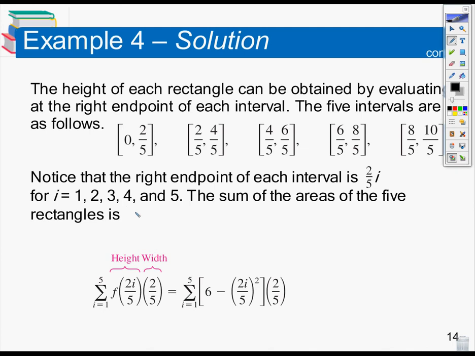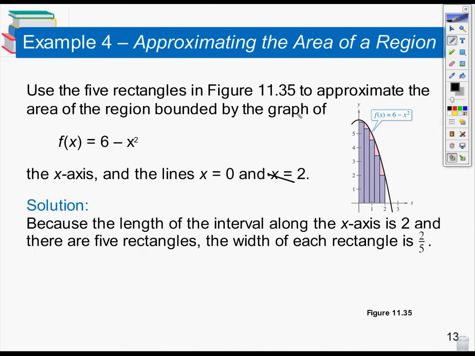Right? So when I look at just the area of a specific rectangle, I need width times height. And width, we know for all of these different pieces, is 2/5. The height for all of these things is just going to be the function value at that point, right? If I go back to the previous section, if I want the height at 2/5, I need f of 2/5.